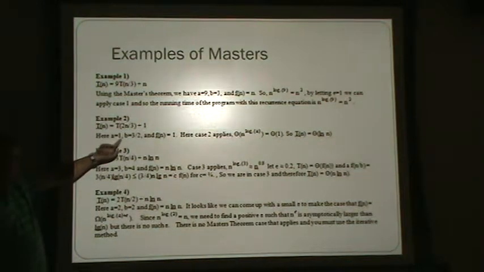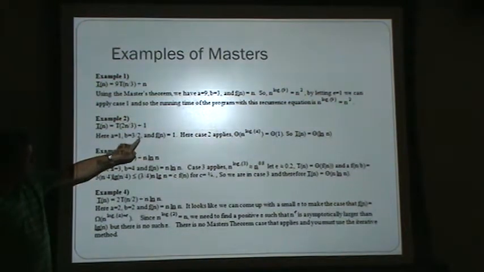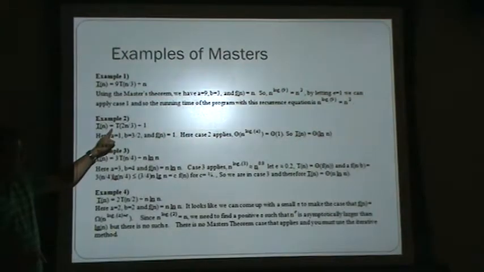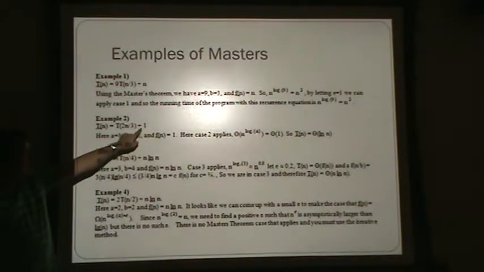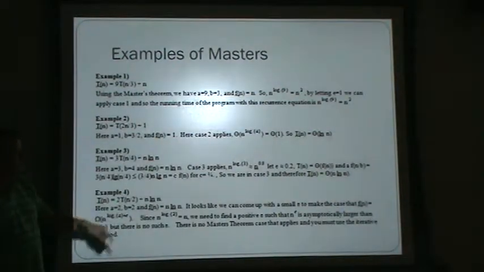So here we have an a of 1, a b of 3/2, and the f of n function is this thing out here, which is just 1. So log base 3/2 of 1 ends up being 0, and n to the 0 is equal to 1. So that puts us in case 2.